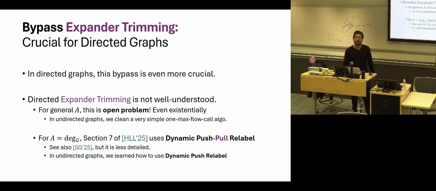If you can do this for general A, what would that be useful for? Good. Right now, there is no almost linear time expander decomposition algorithm in directed graphs for any node weighting A yet. No, sorry.